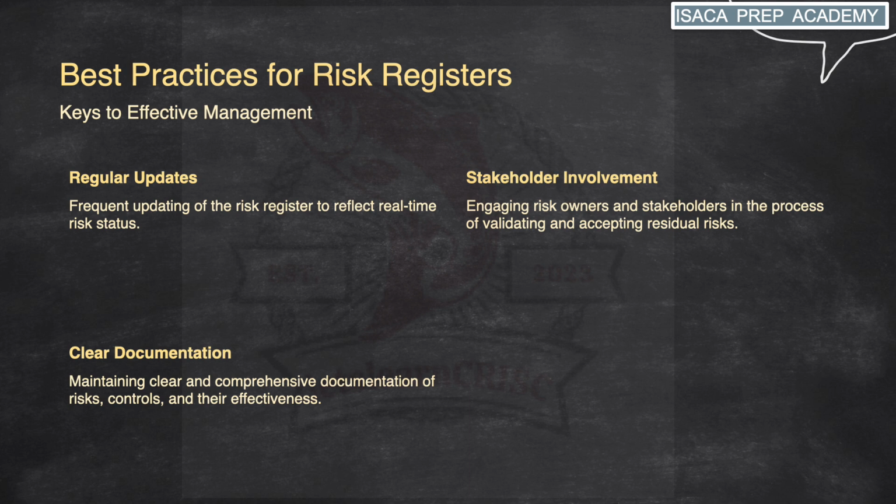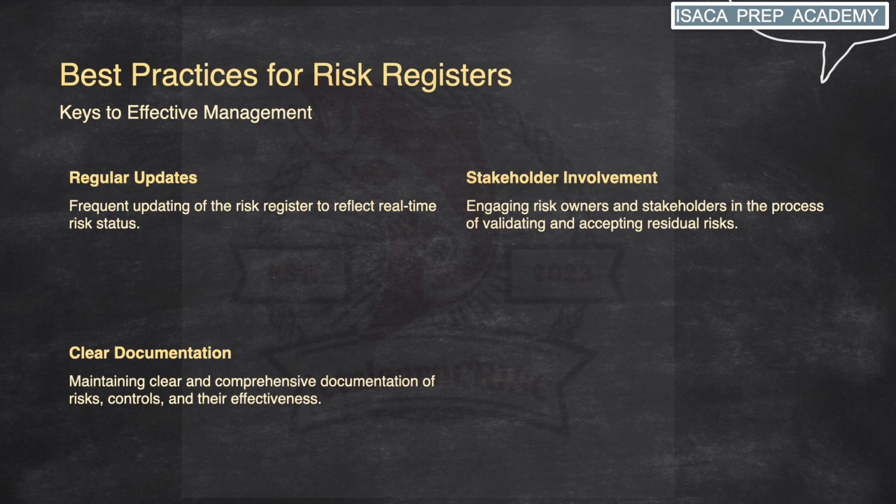Clear documentation provides a structured and organized way to record and track information related to identified risks, control measures and mitigation efforts. This documentation ensures that stakeholders have access to accurate and up-to-date information regarding the organization's risk landscape, enabling informed decision making and proactive risk management.